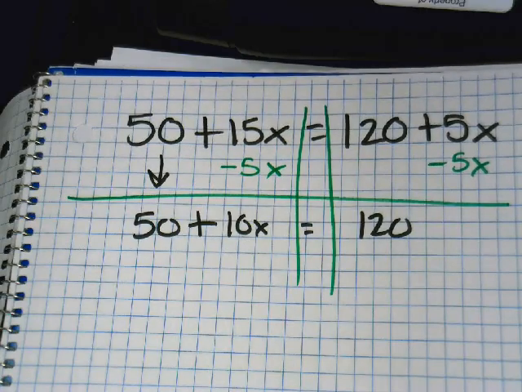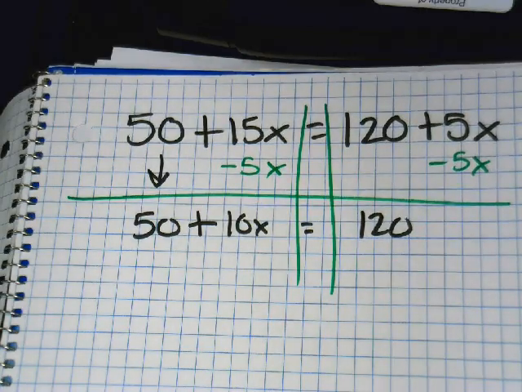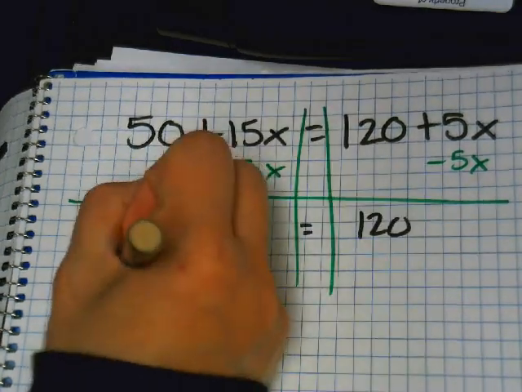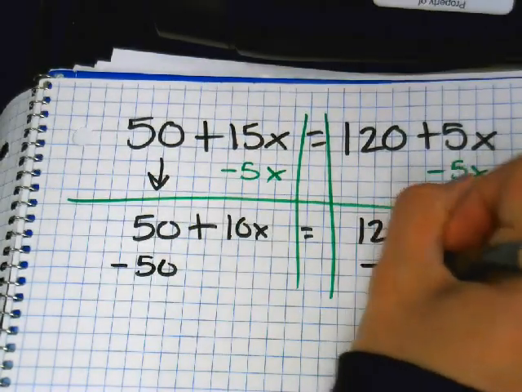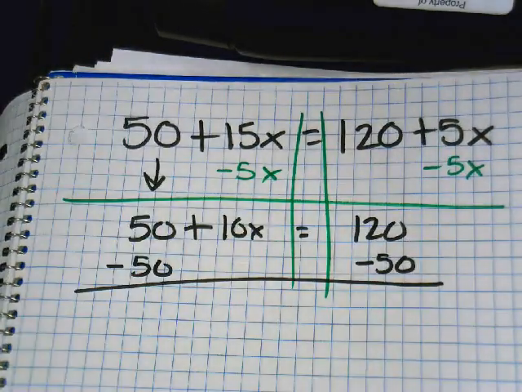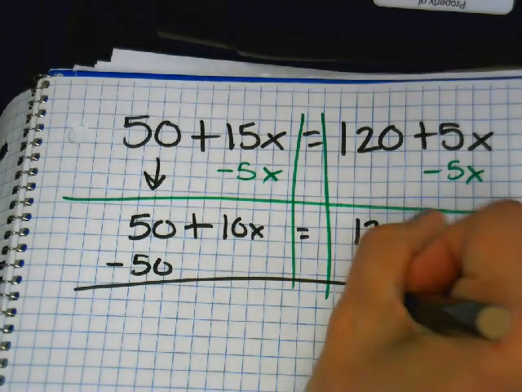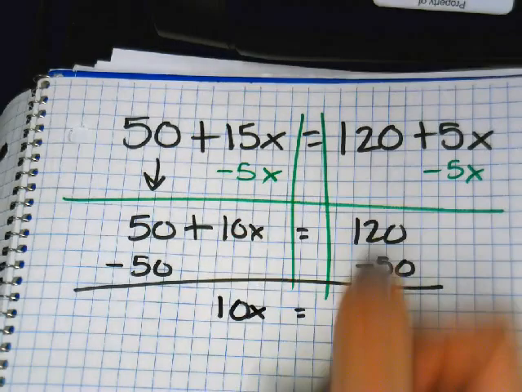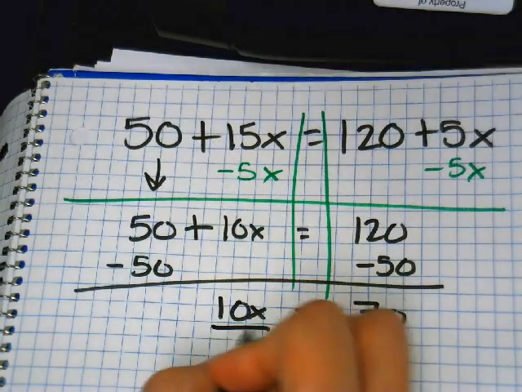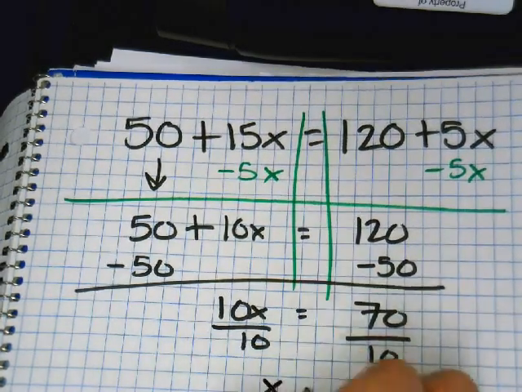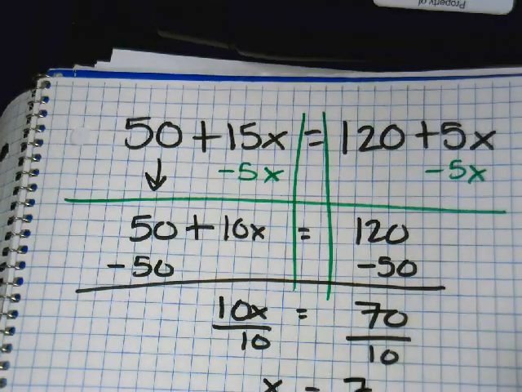Now what number do I move? The 50, by minus 50, minus 50. What's 120 minus 50? 70 is equal to 10x. Now what? Divide by 10, and x equals 7.